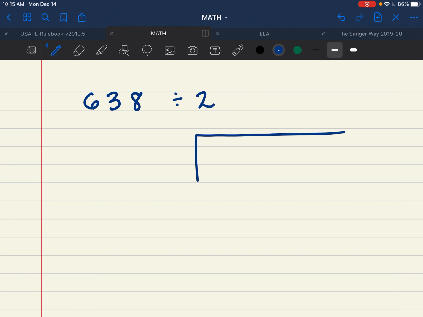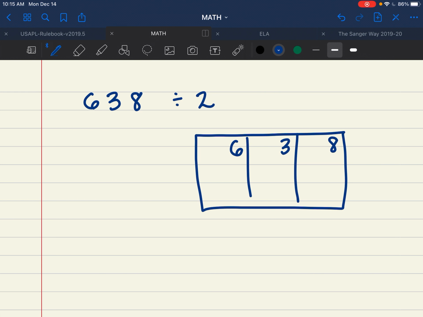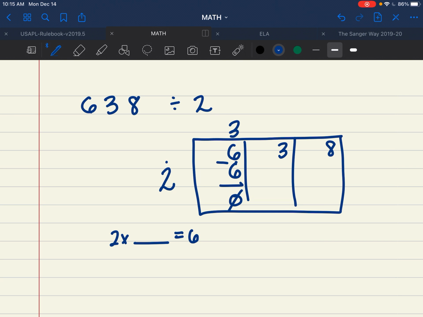I would take it, like I said, making those 3 digits, the 3 boxes. 6 goes in the top corner, 3 goes in the top corner, 8 goes into the top corner, 2 goes on the outside. Ask myself, how many times does 2 go into 6? Let's see, 2 times what is equal to 6? Closest I can get, I think, is 3. 3 times 2 gives us 6. Subtract, 0.